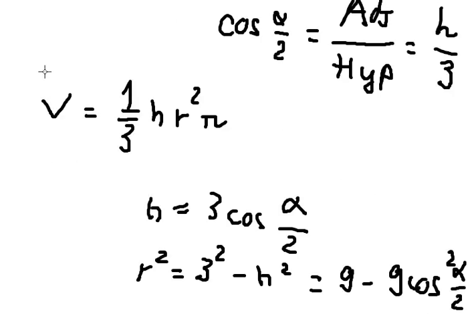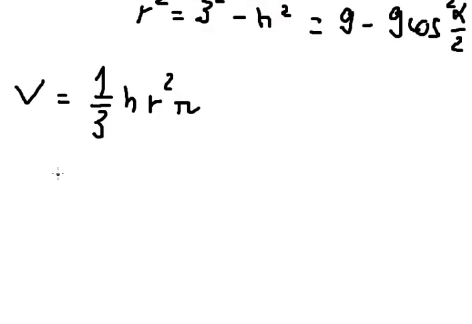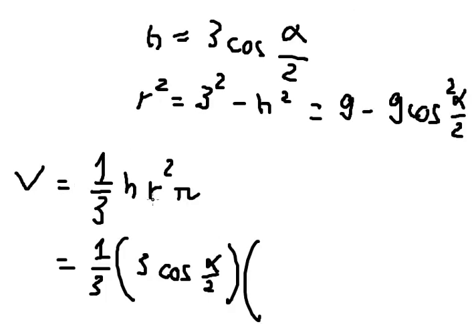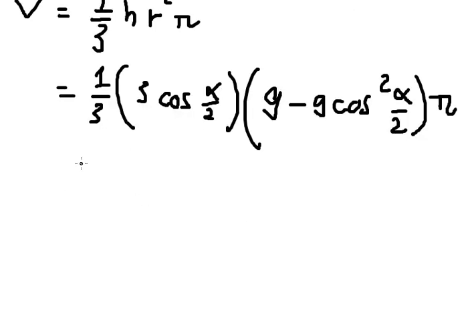So after we got everything in here, that should be like this. I will put t equals cosine of alpha over 2.